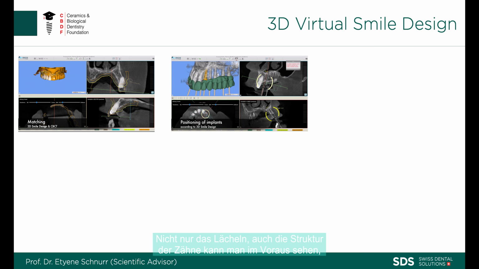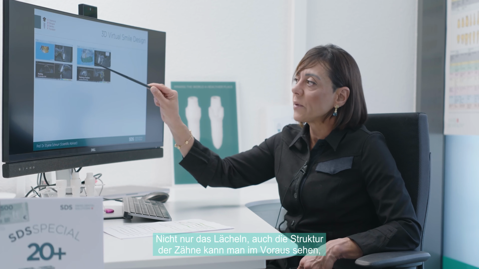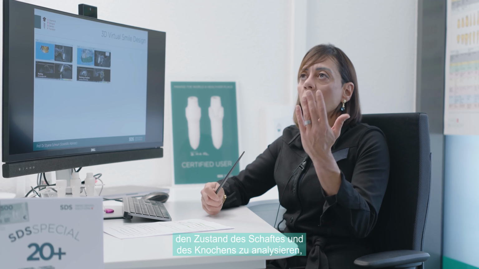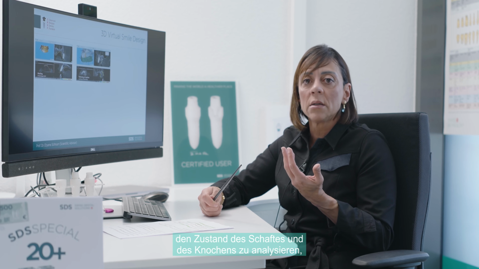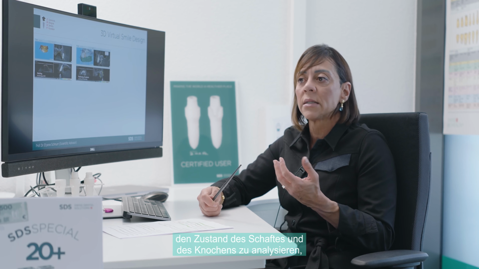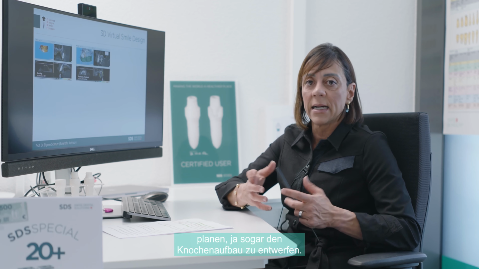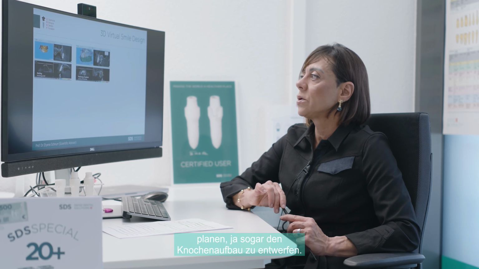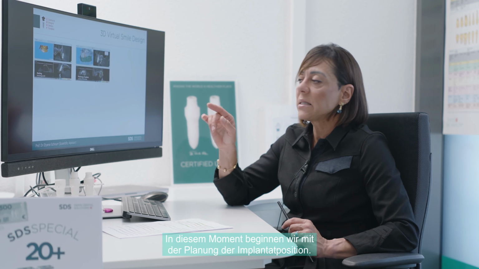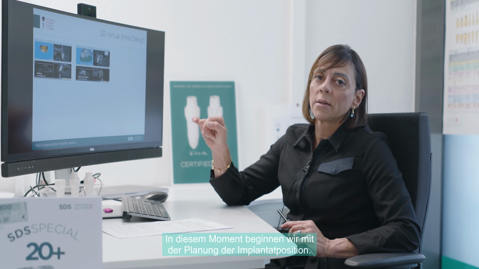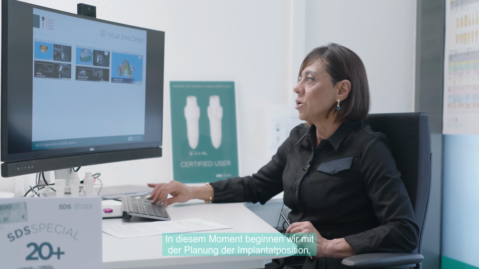And it's not only the smile. You can also see in advance the extraction of the teeth, analyze the socket conditions, the bone conditions, plan bone augmentation in the future, even design bone augmentation. And it is at this moment that we start planning the implant position.